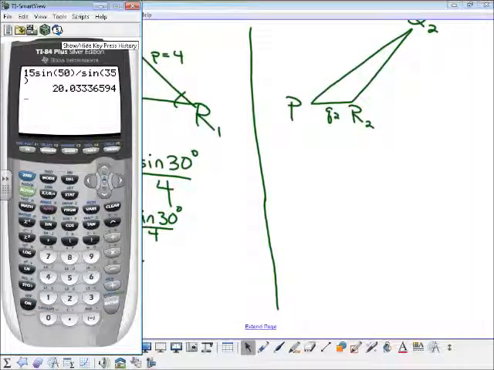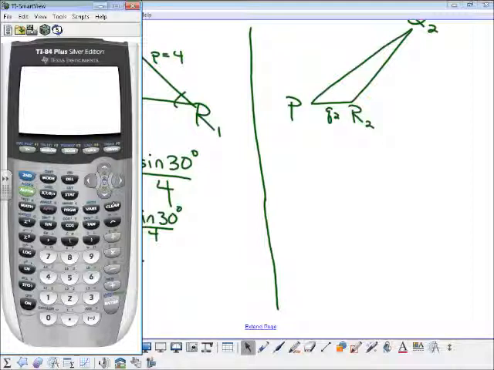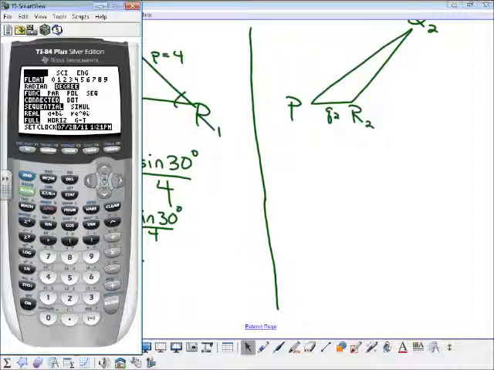Inverse sine, remember, is second sine, 3/4. And that gives us back 48.59037789. That is clearly degrees. Again, remember last time we changed it to degree mode. It stays in degree mode until you change it again.